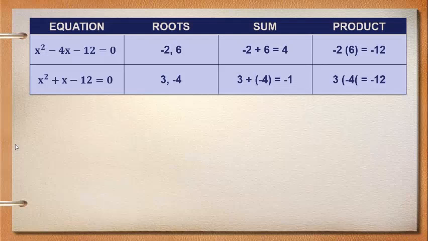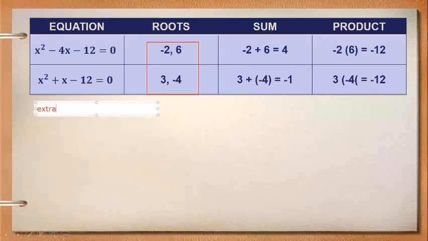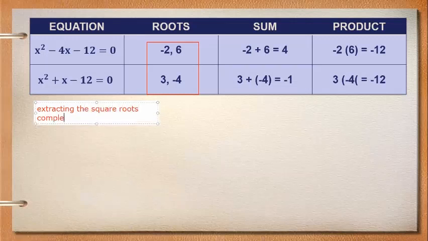Again, for us to solve for the roots of a quadratic equation, we are going to use the different methods in solving quadratic equations. So we have the following methods: extracting the square roots, completing the square, factoring, and using the quadratic formula.